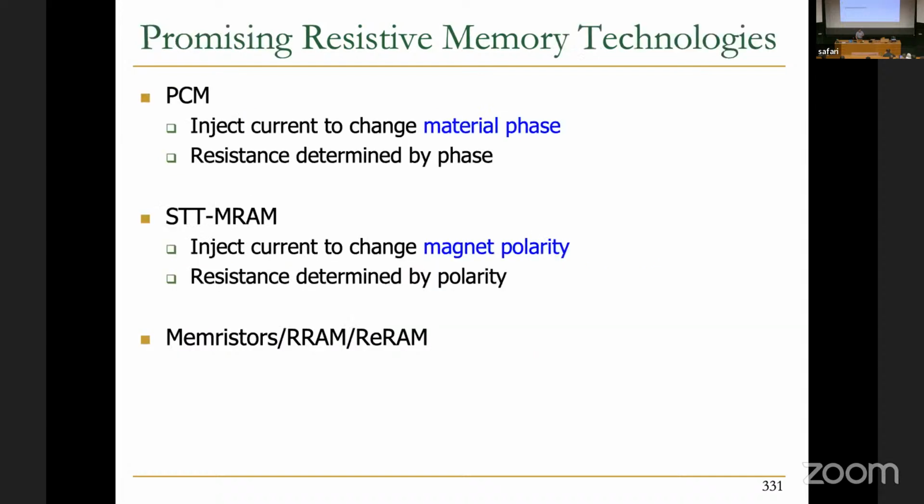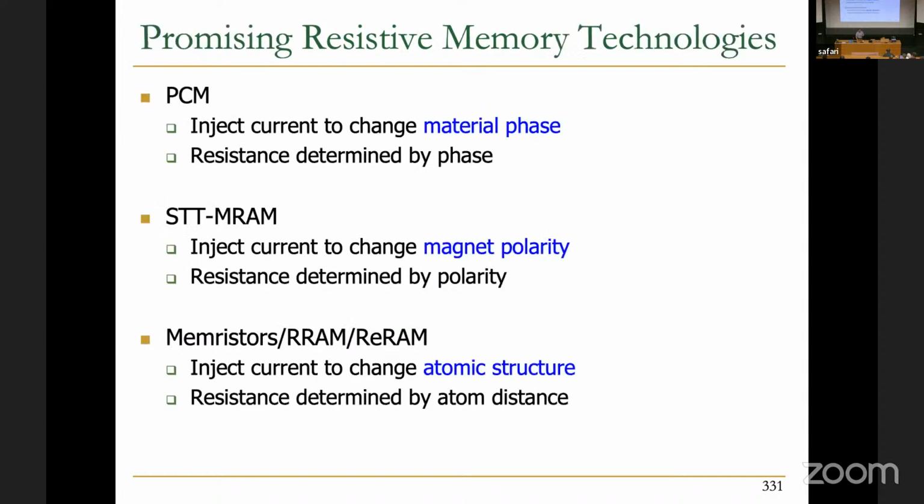Okay, so just to give you an idea of some of these other technologies, I think we've already discussed phase change memory, but in STT-MRAM type of technology, what you have is essentially a magnetic memory. You have some magnets, and the polarity of the magnet determines whether you store a 1 or 0, let's say. You can inject current to change the polarity of the magnet.